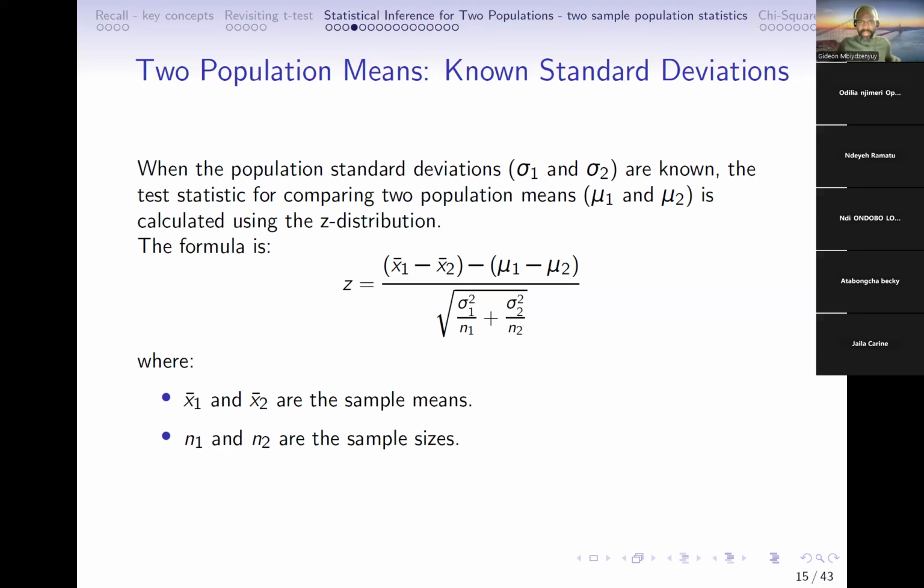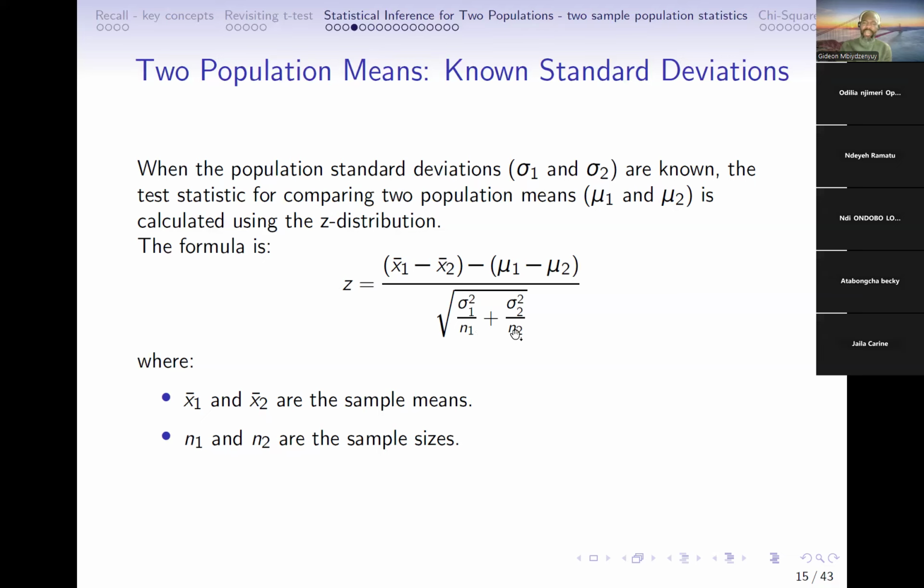Sigma here is the standard deviation of your two populations, known, meaning that we know it. We have a sample, but we also know the standard deviation of our two populations, or our two groups, or our two treatment groups. It doesn't have to be medical. It can also be students in a class, an example which is more relevant for you.